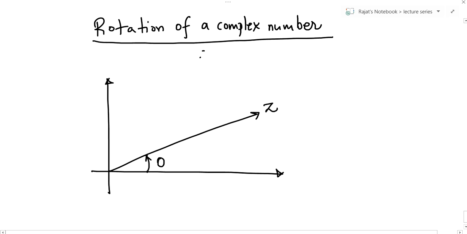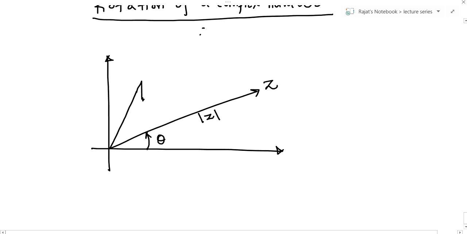whose argument is theta. So this length of the complex number will be represented by mod z. Suppose I want to rotate this complex number to a new point z dash, and I want to rotate it by an angle alpha.